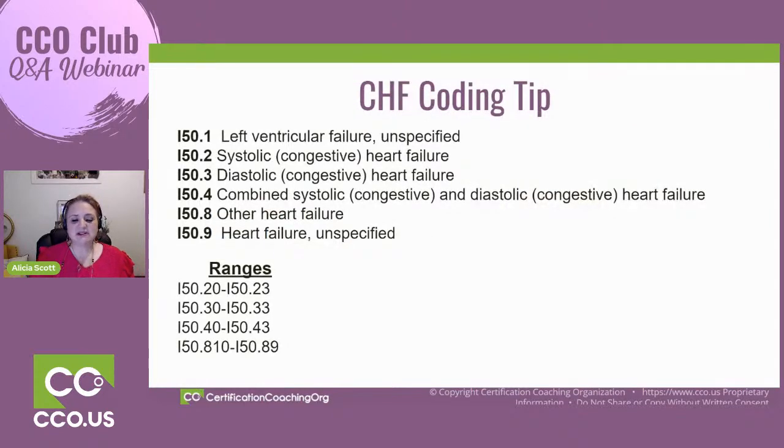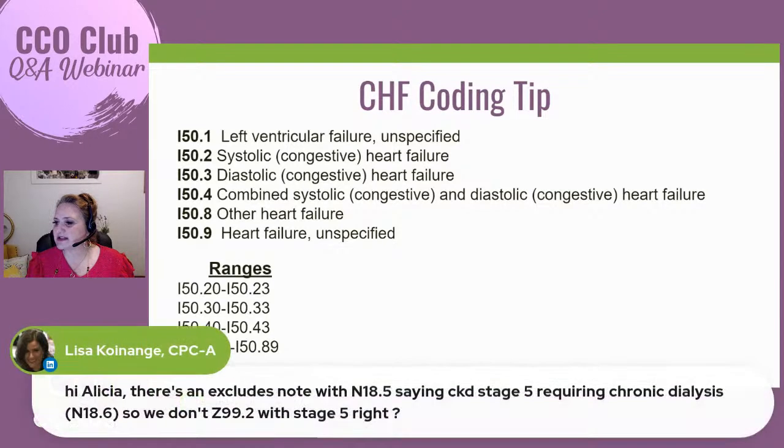All right. Now let's look at the codes themselves. And I see some questions and notes coming up. Lisa says, hi, Alicia, there's an excludes note with N18.5 saying CKD5 requiring chronic dialysis N18.6. So we don't use Z99.2 with stage 5, right? Well, the Z99.2 is stating the patient's on dialysis.